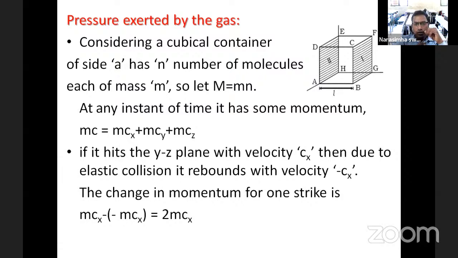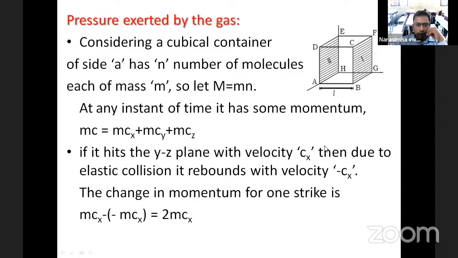Consider a cubical container of side A, given as L here, with n number of molecules, each of mass m. Let capital M be the product of the individual masses: n particles, each of mass small m, so the product is the total mass of the container.